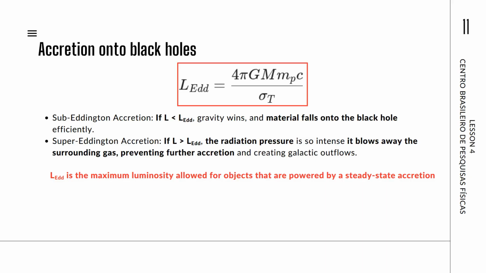In the super-Eddington regime, the luminosity is pushing away the gas more than gravity is accreting it; the radiation pressure is so intense that it blows away the surrounding gas, preventing further accretion. In thesis, the Eddington luminosity is the maximum luminosity allowed for objects powered by accretion. But in practice, as I mentioned before, it's not exactly that. We can see some special cases.